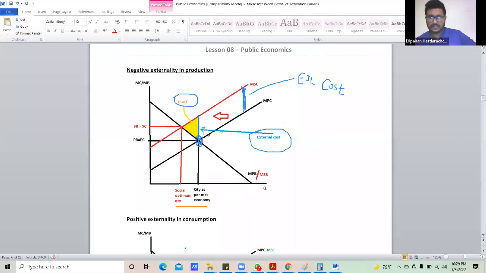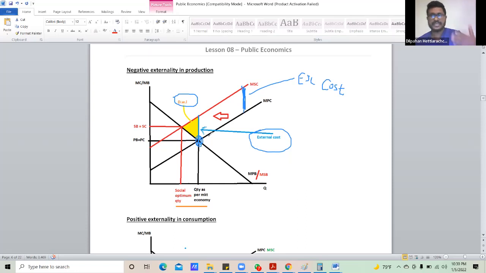So the government realizes the situation and they come and change the supply curve by charging a tax or doing something. And because of that, the price should go up, the quantity should go down. Yes. So this government influence will equal the external cost of this production.